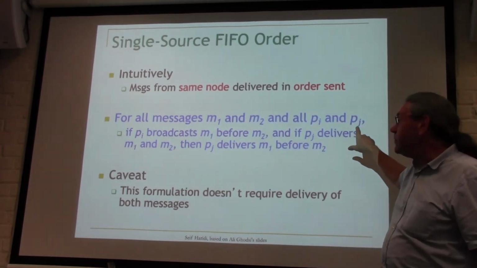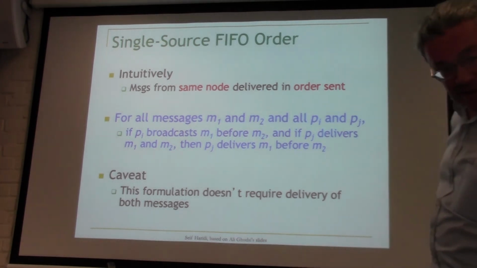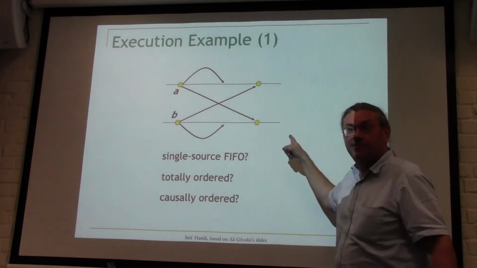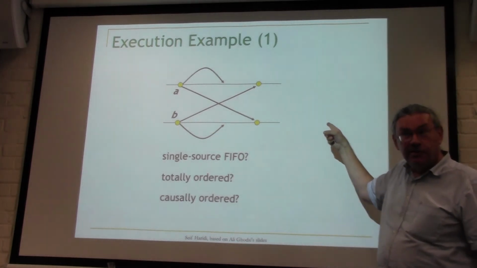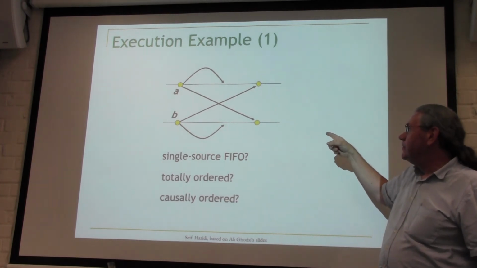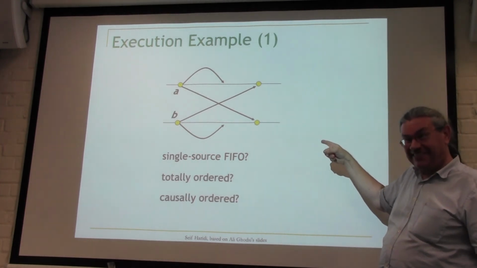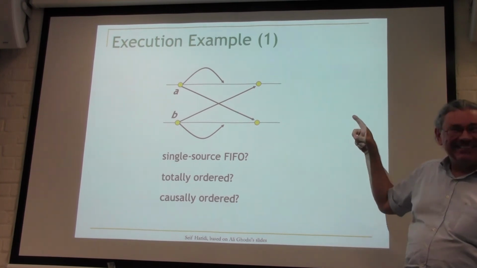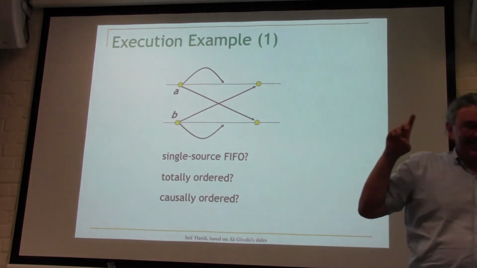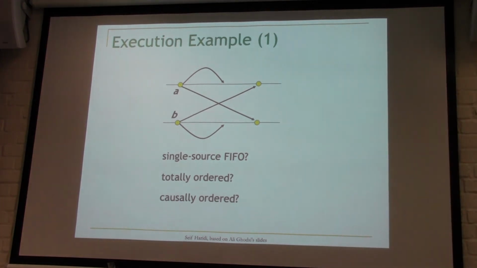Remember what I told you about if conditions, and the caveat here. Is this a single source FIFO? Yes? Why? It's not because I'm really doubting. Basically the message is sent from A or B to everyone in the same order.